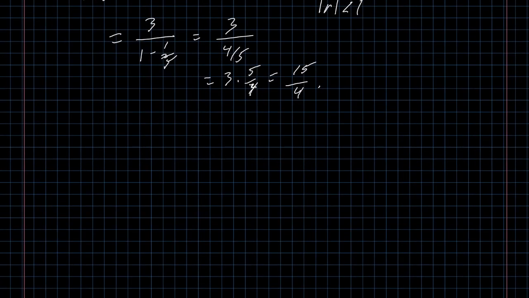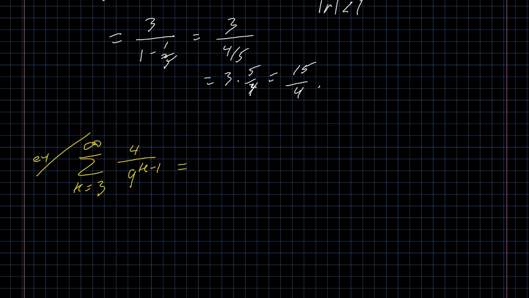Another one that I want to look at here, how about the sum k goes from 3 to infinity of 4 over 9 to the k minus 1 power. In this case, we have the k minus 1 power.